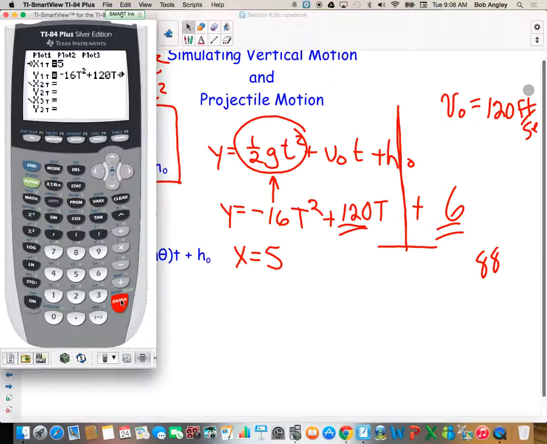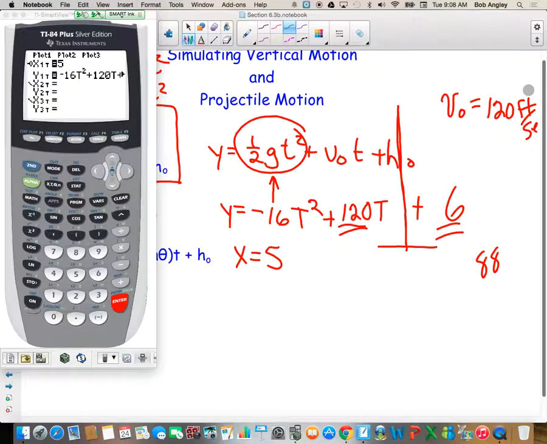Okay, now, the hardest part about vertical motion is to get your window set up right. Okay, so now I want to try to give you some concept about the window. So, right here, what we're going to do is go from 0 to 10 on x, and that's why I put this as a 5. That way it's right in the middle of the screen. Okay?